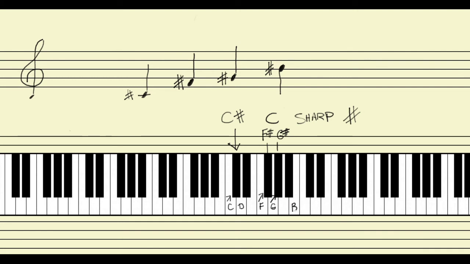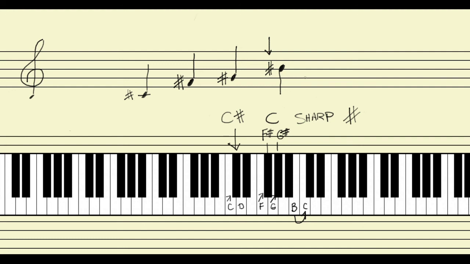Here's my B. Now notice there's no black key to the right of B, so maybe B sharp just has no meaning. But remember again what that sharp symbol actually means: raise the note that's written by 1/2 step. So we can actually do that. If we go down to the B and raise that note by 1/2 step, it lands us on a C.